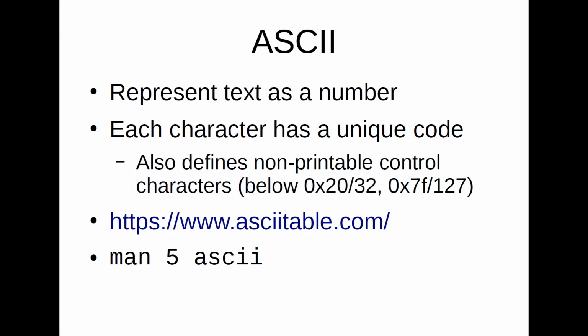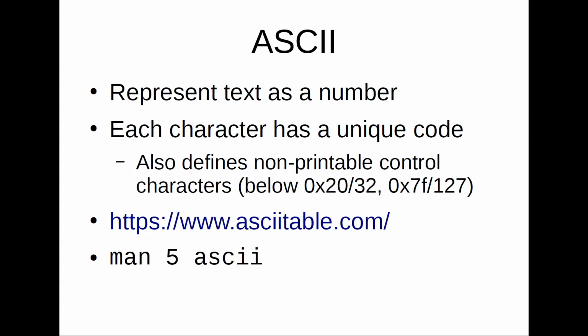It defines a value for each letter, number, and symbols that you see on your keyboard, but there's also non-printable control characters such as line feed, or new line as it's also known. And there's also a delete character, which is at the very end, but between there are all your printable characters.